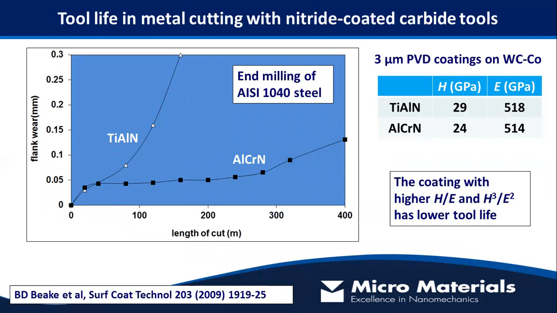This coating here is harder, and yet actually has a transition to a much faster wear regime, and coating failure in quite a small amount of cutting. Whereas this coating here is a little bit softer, and yet it's much more damage tolerant. It extends for a lot longer before failing, and indeed you can run the test on longer. So again, it would be difficult to predict this based on mechanical properties.